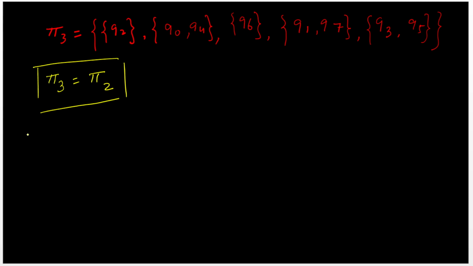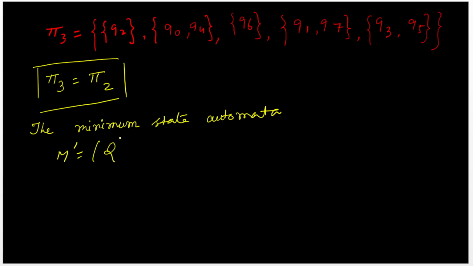So we can write the minimum state automata M dash, the minimized automaton, where there is a Q dash.